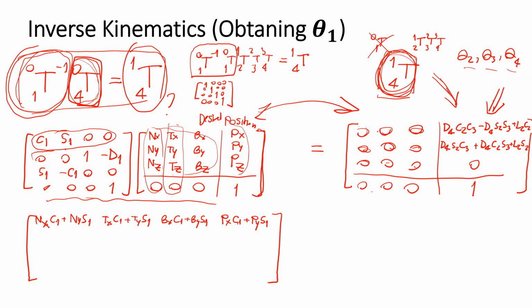How about the second row? The second row multiplied by the first column. We have only nz, tz, bz, and pz, subtract by D1.